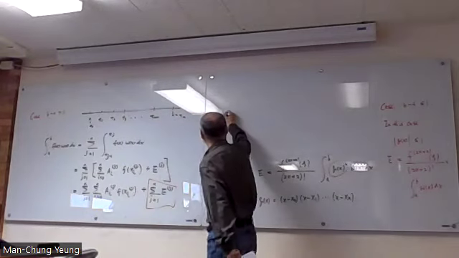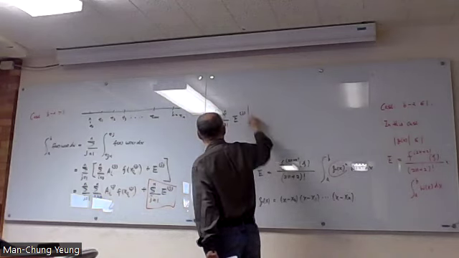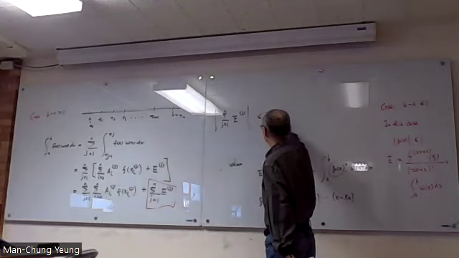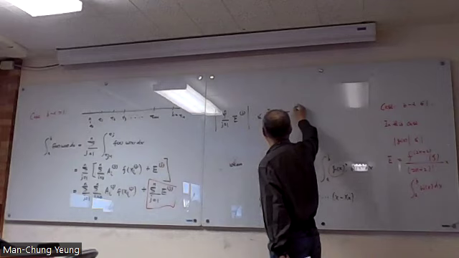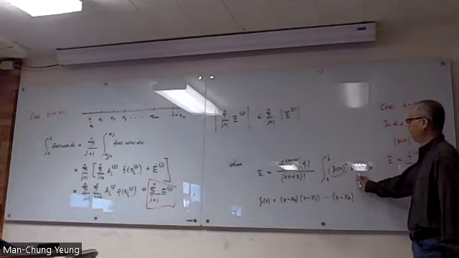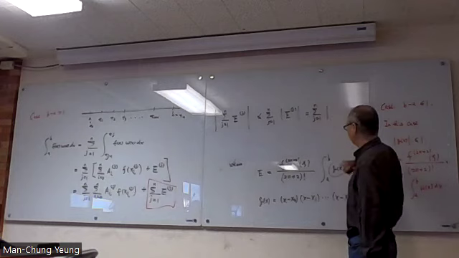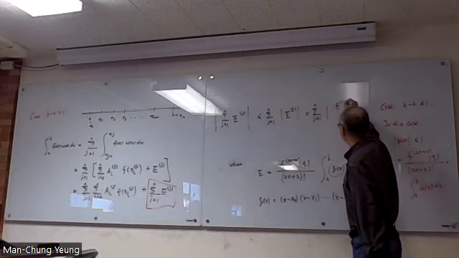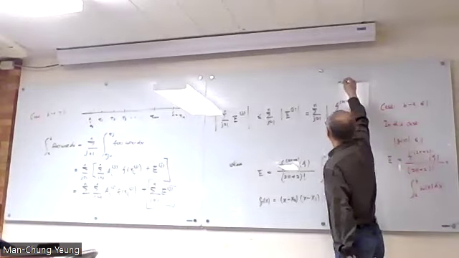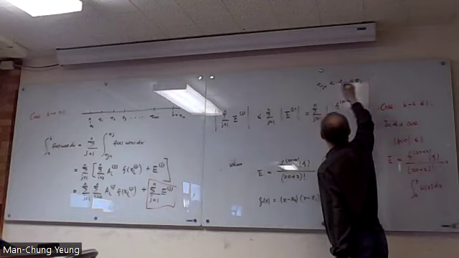The size of the sum of E_j, taking absolute value, is less than or equal to the sum of the sizes of each E_j. Using the error formula, this equals the summation over j from 1 to n of the absolute value of the (2n+2)th derivative at xi_j, where xi_j is between t(j minus 1) and t_j.